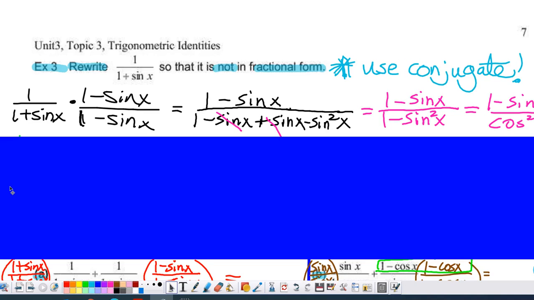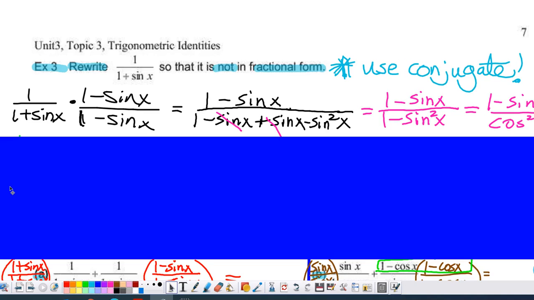Notice again, I'm using the conjugate to get rid of the middle terms. So I'm left with 1 minus sine squared x in the denominator. The numerator simplifies to, well, since I just have 1 times 1 minus sine x from the beginning, I'm only left with 1 minus sine x.